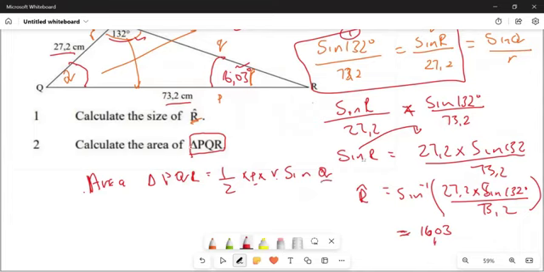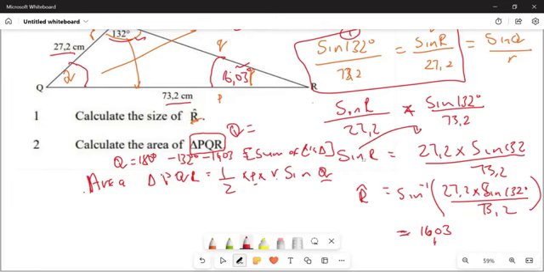How do you get Q? Q is given by 180 minus 132 minus 16,03. We need to tell them why we're saying this: this is the sum of angles of a triangle. Let's check that we get the same answer, and then we'll decide who is correct or wrong.